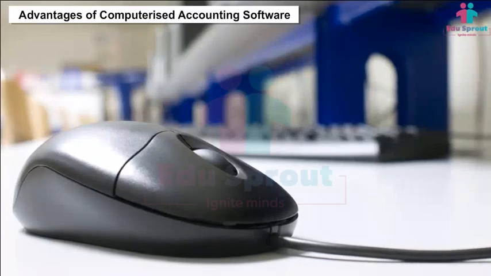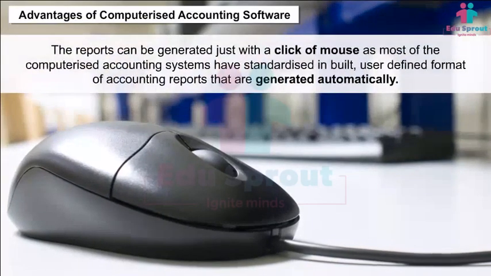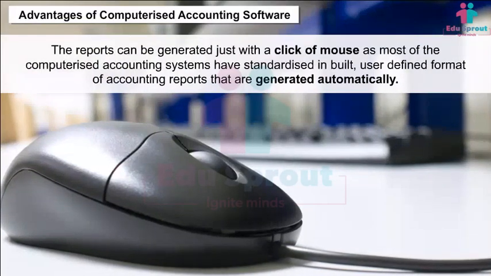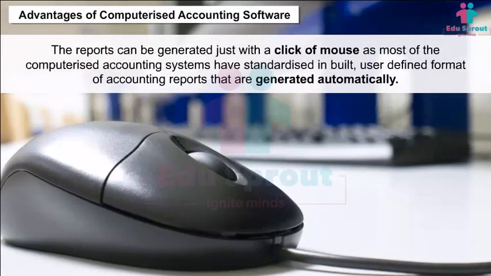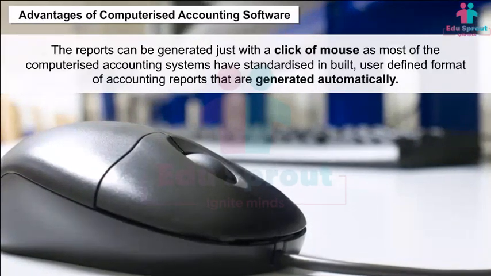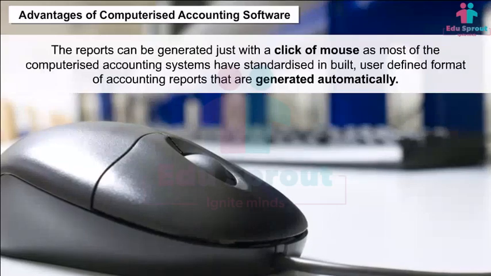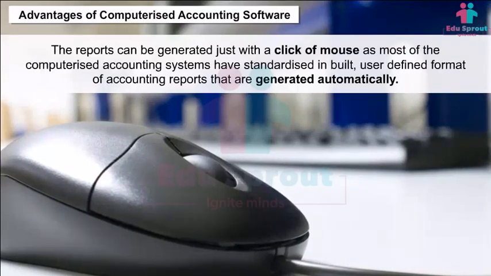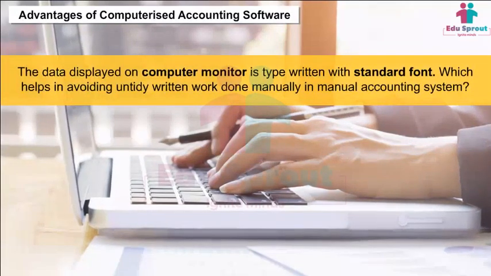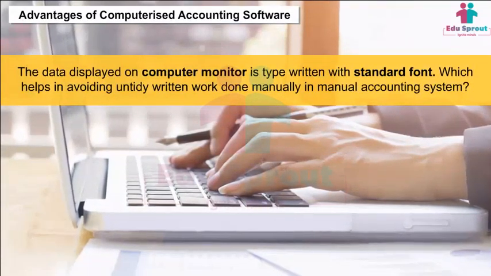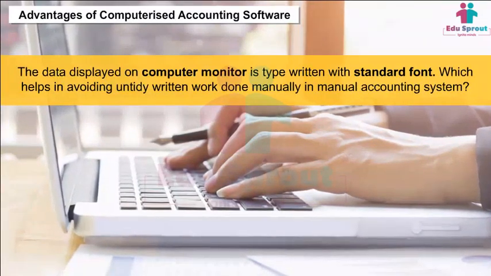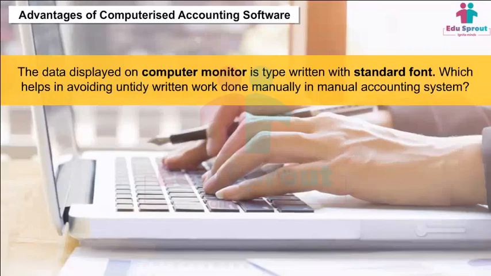In computerized accounting system, the reports can be generated just with a click of a mouse, as most computerized accounting systems have standardized and built-in user-defined formats of accounting reports that are generated automatically. Legibility. The data displayed on a computer monitor is typewritten with standard font, which helps in avoiding untidy written work done manually in manual accounting system.